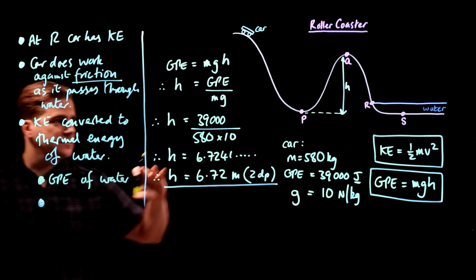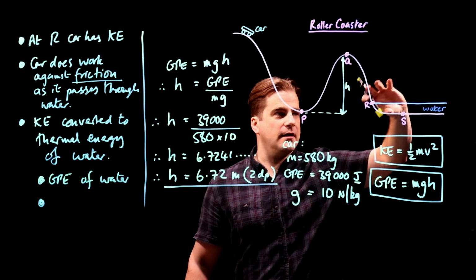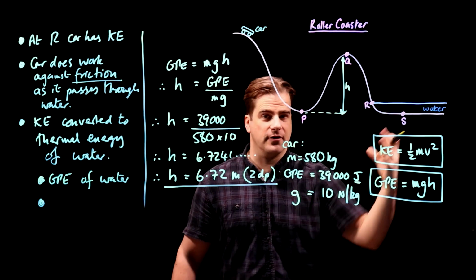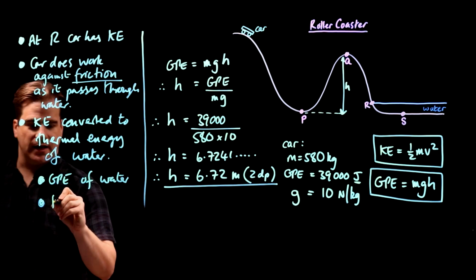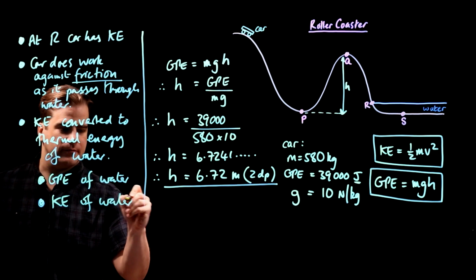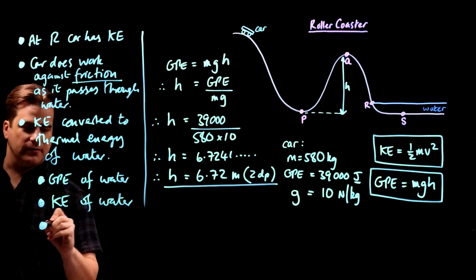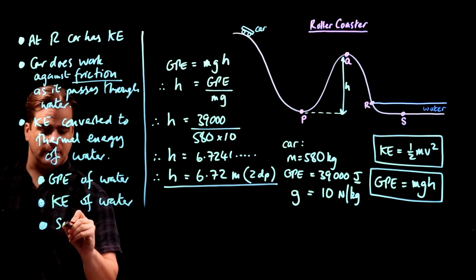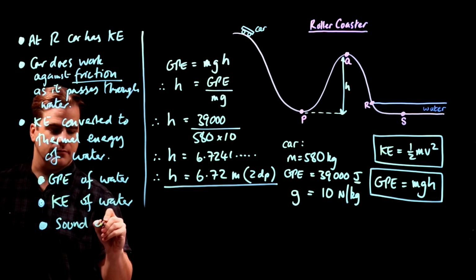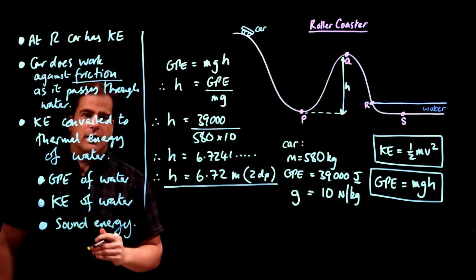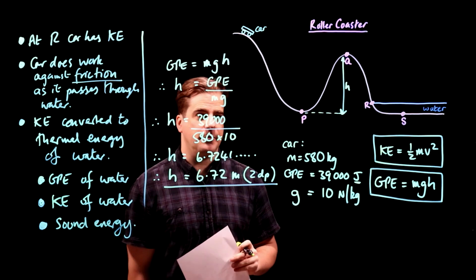The splash moves as well. So that's water which has mass moving at some velocity. So the water will have kinetic energy. Also, it's going to make a noise, isn't it? So that's sound energy. And that's it. You'll definitely get the 2 marks if you put that.